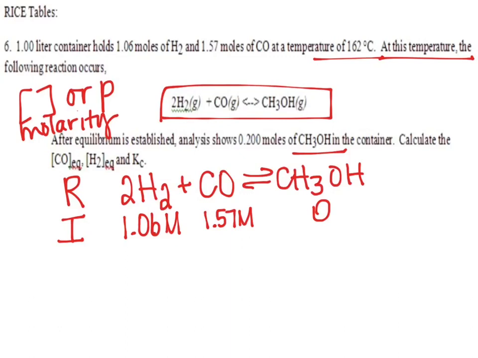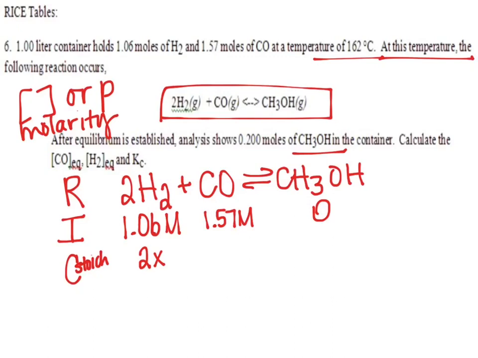So we have R and I. Next is C, change. How does it change to get to equilibrium? This is going to come from your stoichiometry, so this comes from your coefficients. Our change in H2 is going to be 2x.